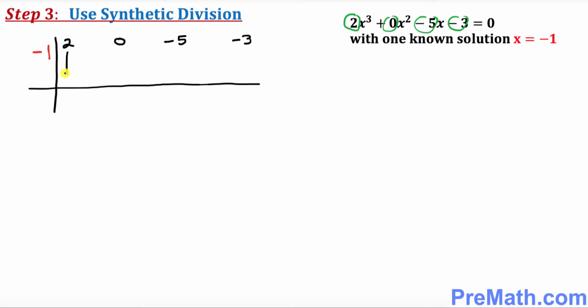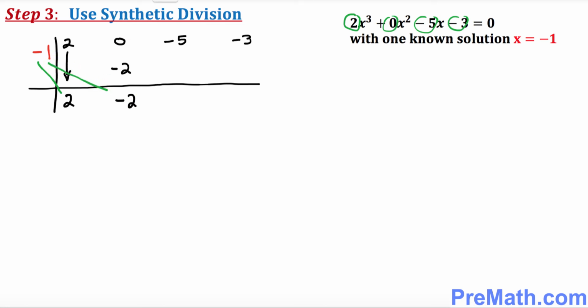The very first thing is to bring the 2 down right up here as it is. The next thing is to multiply this negative 1 times 2. That turns out to be negative 2. Add these numbers, that turns out to be negative 2. Once again, multiply diagonally.